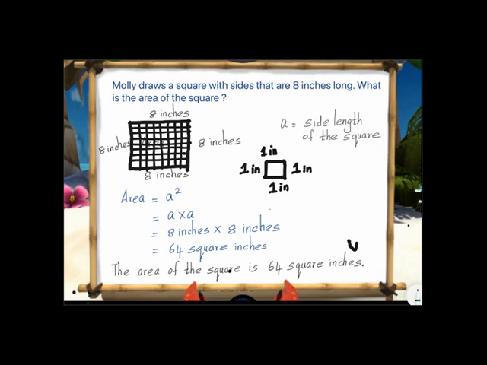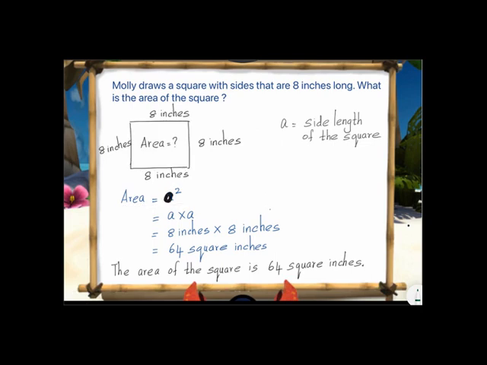Instead of counting all the unit squares of 1 inch inside the square, there is a formula that you can substitute and find out the area. The formula to find out the area of a square is area equals A square.